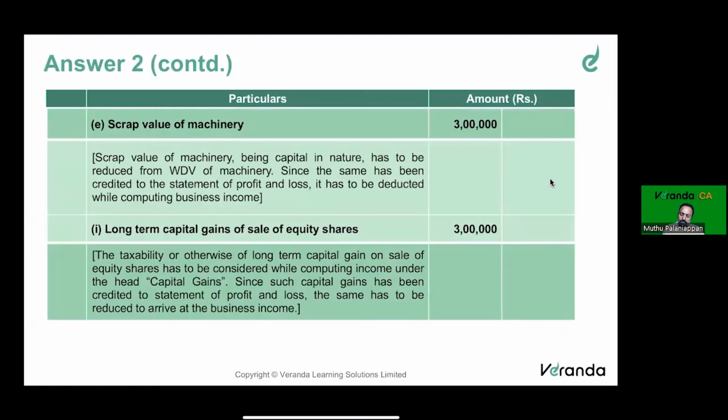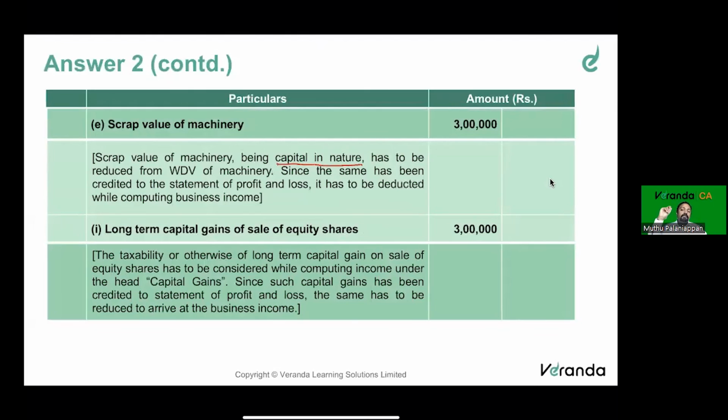And then next you have scrap value of machinery. Out of the machinery adjustment, we saw 2 adjustments: a loss of 17 lakhs and a scrap income of 3 lakhs. Out of these 2, we already adjusted the loss of 17 lakhs as being capital in nature. Similarly, 3 lakhs is also capital in nature, because income tax says, I'm going to repeat this, profit on sale of a capital asset under capital gain will be a capital gain only in the circumstances that we have mentioned earlier.